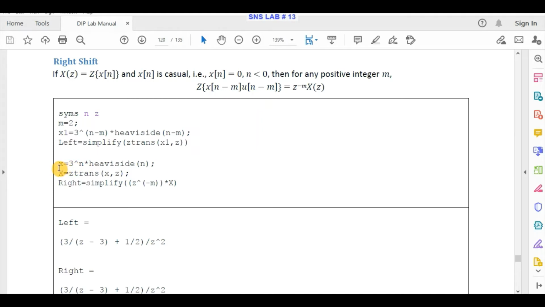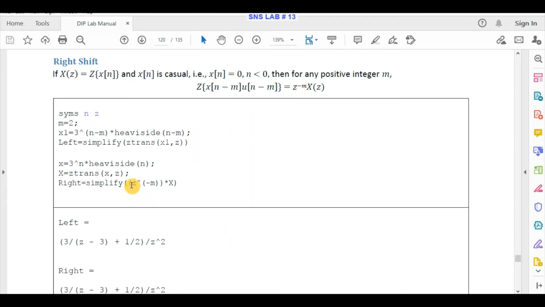So here you can see x is equal to 3 power n multiplied by u of n, which is written as Heaviside of n in MATLAB. After that we will compute Z transform by using ztrans function, and then we will multiply this X of z with z power minus m.